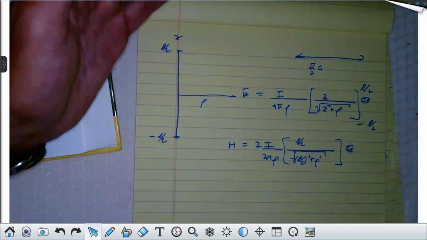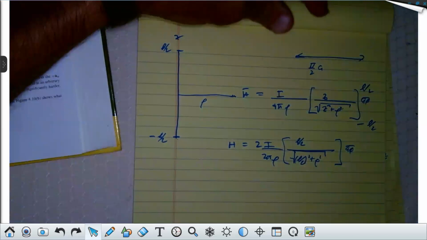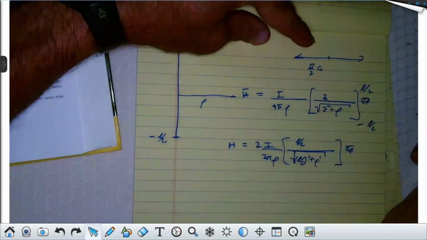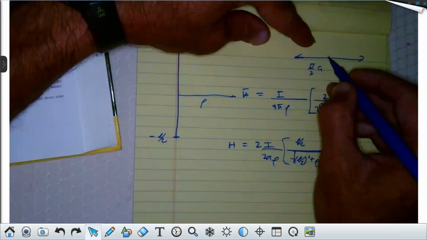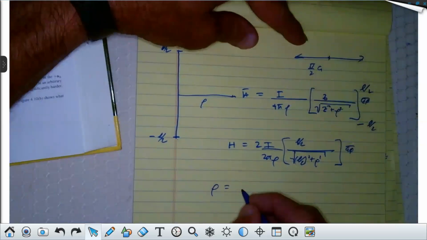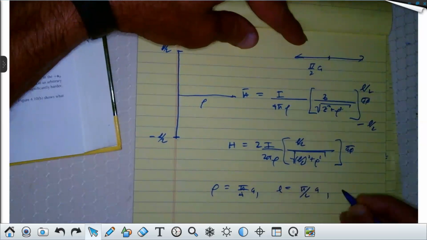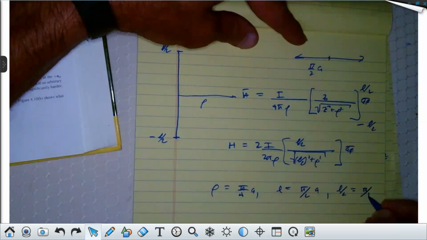How many got that? We want to be halfway from the edge, so from any of these edges, we'd have a distance rho. Rho would be equal to pi over 4a. And the L would be pi over 2a. And therefore, L over 2 would be pi over 4 times a.